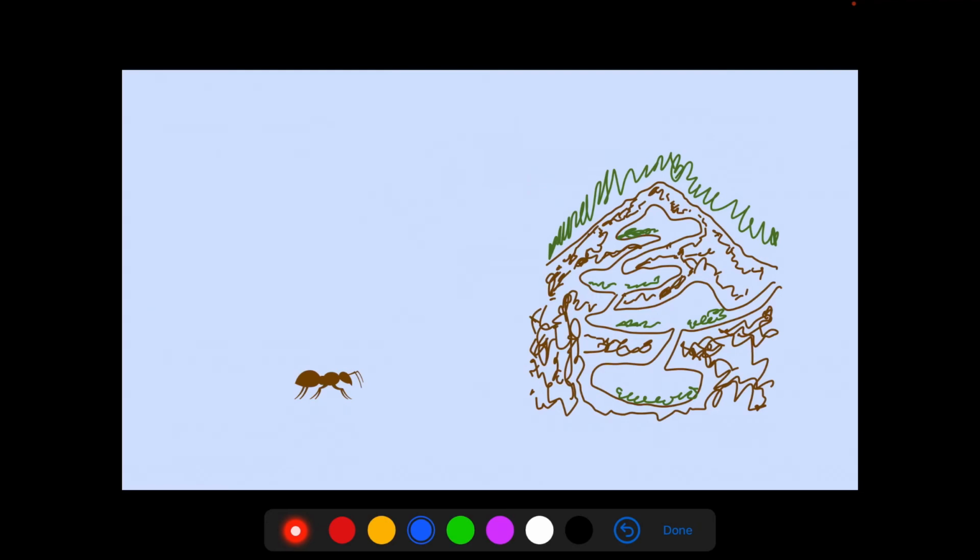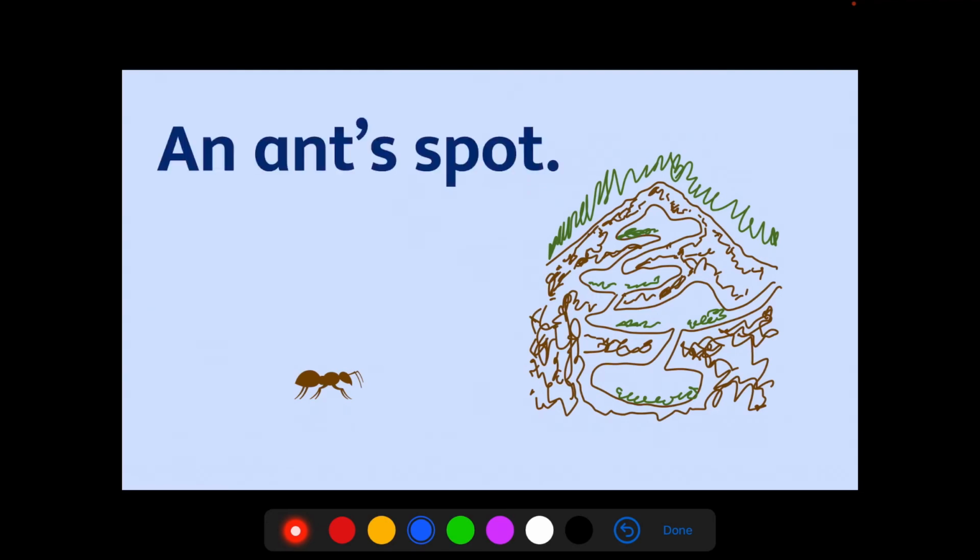And the very last apostrophe rule we're going to think about is when we are writing about something that belongs to either one person, or here we have an ant, one ant, and we're writing about an ant's spot.